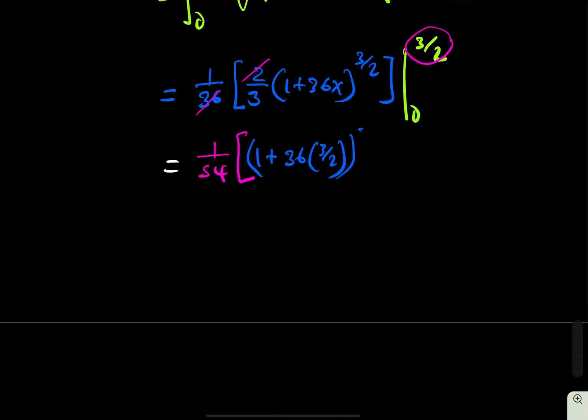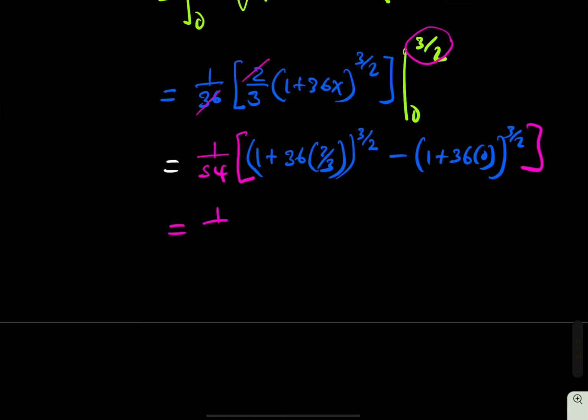Everything to the power 3 over 2 there. I think this should be 2 over 3. This one should really be 2 over 3. What am I doing? 2 over 3. And then minus, that is 1 plus 36 times 0. Everything to the power 3 over 2. Let me just really close it.